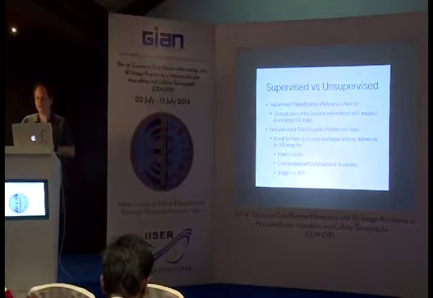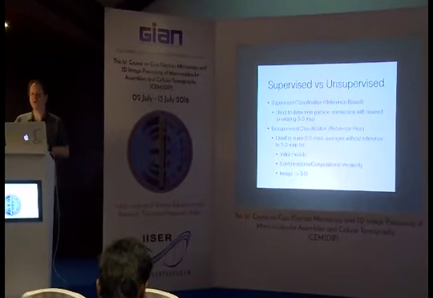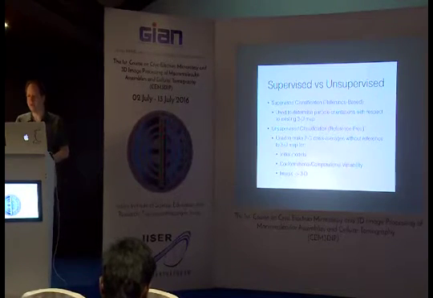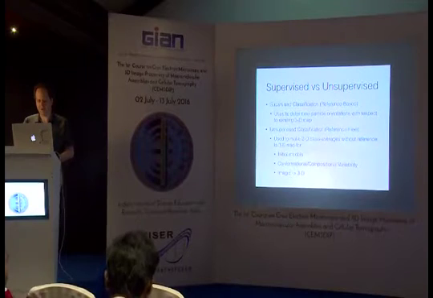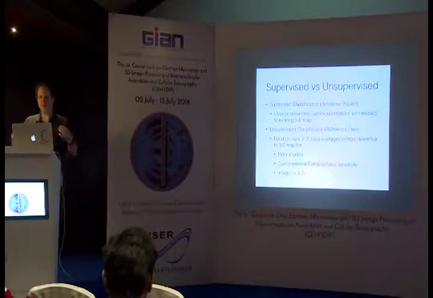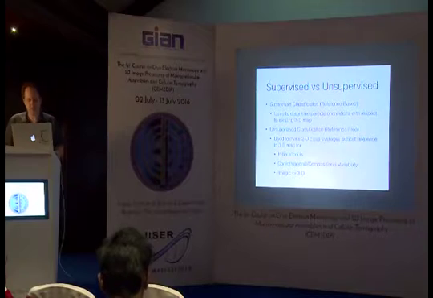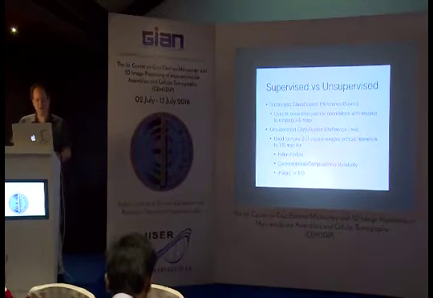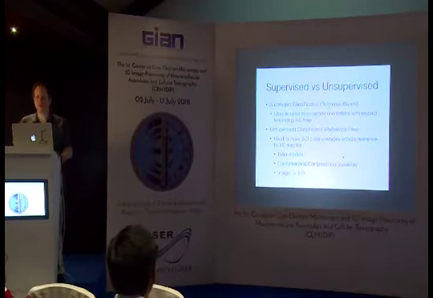Unsupervised classification is so-called reference-free classification, meaning you're comparing the particles to each other and trying to group them together based on their mutual similarity, but you're not making any assumptions about the underlying structure. So when you start a project, you're typically beginning with unsupervised classification, and then gradually moving towards supervised classification.